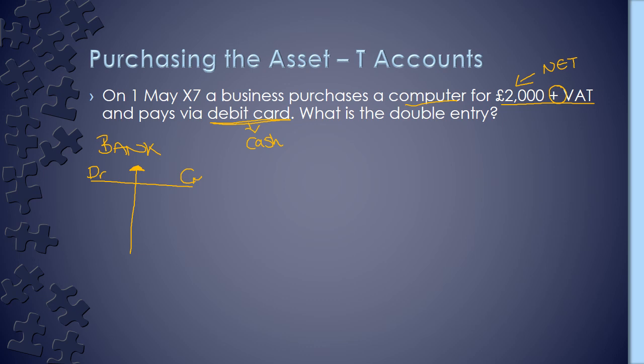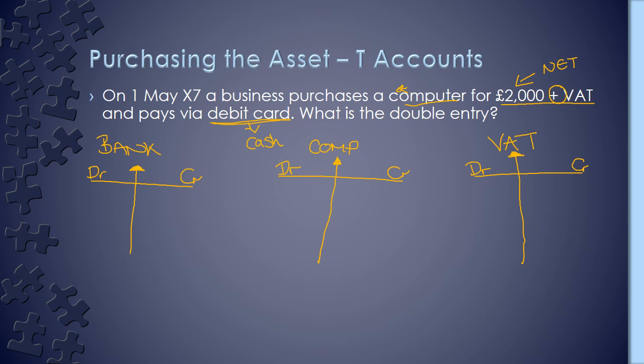The next account that we're going to need is our asset account, which in this case is a computer, so we're going to have our computer account. And then the third account that we're going to need is our VAT account, because we're told in the question we have got VAT.